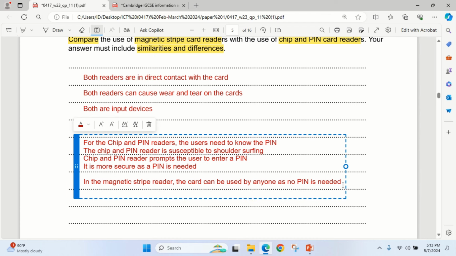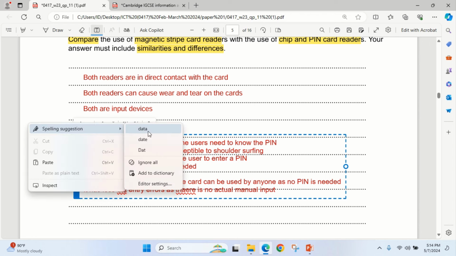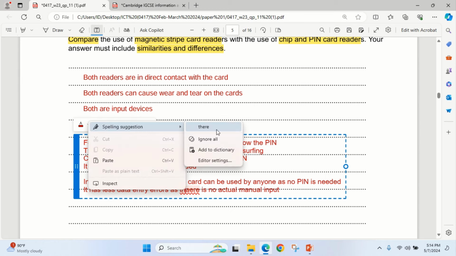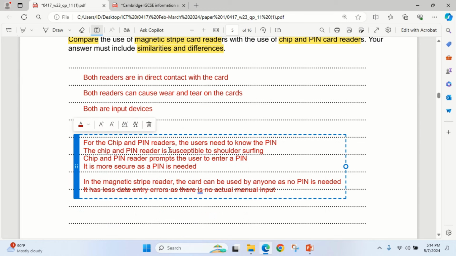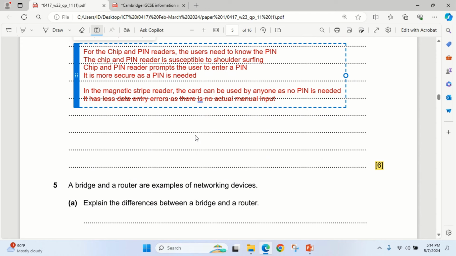So then the next one you can add is that it has less data entry errors. Why? Because you don't need to do any manual input, as there is no actual manual input. So, data entry error. Okay, so any 6 here will earn you the full marks.